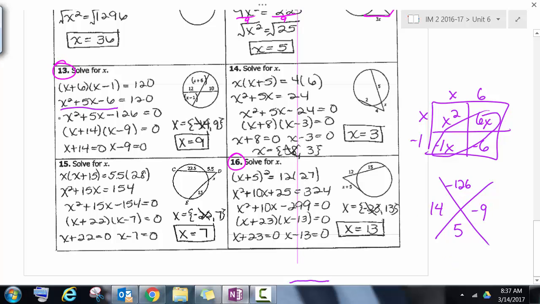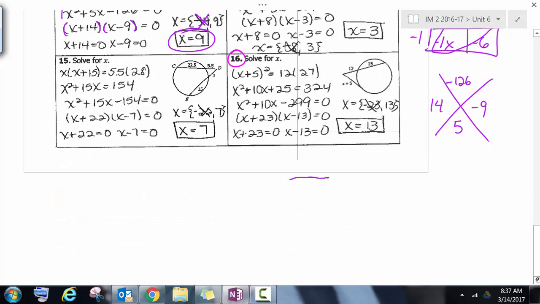And because our coefficient of x squared was 1, we can skip right here. Then we set each of those equal to 0. So we subtract 14, so x equals negative 14. And we add 9. x equals 9. Obviously, segments can't be a negative distance. And when I plug in negative 14 here, I get negative 8. So that can't be it, so it's just x equals 9.